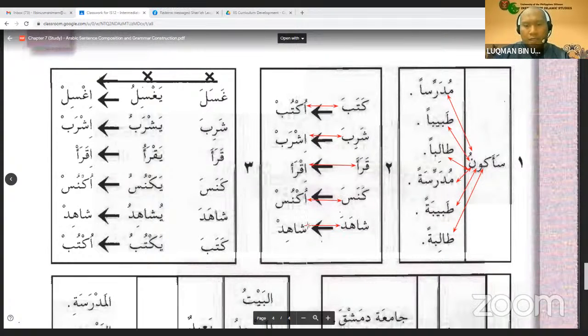Shahada, shahid. Again, kataba, uktub, shariba, ishrab, qara'a, iqra, kanasa, uknus, shahada, shahid. Okay, here we'll get a more complete transformation from perfect tense to imperfect tense to imperative tense.